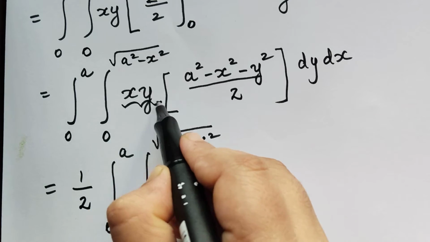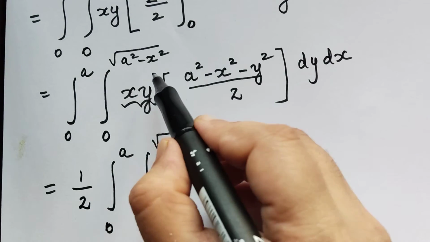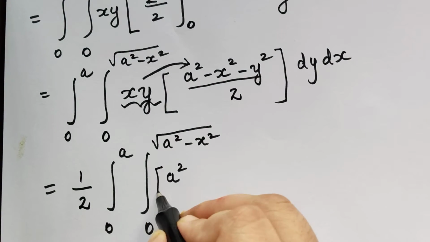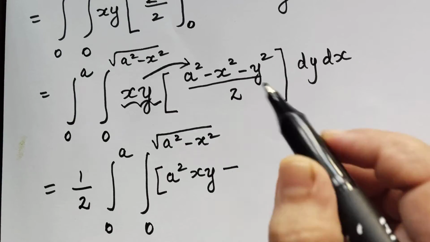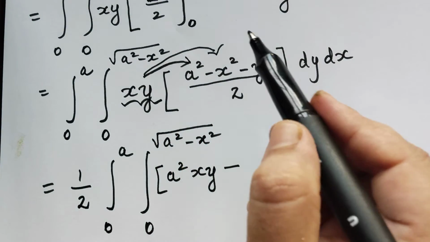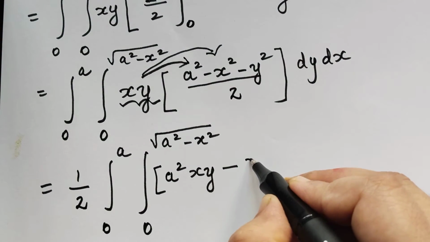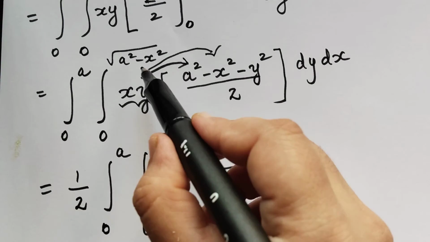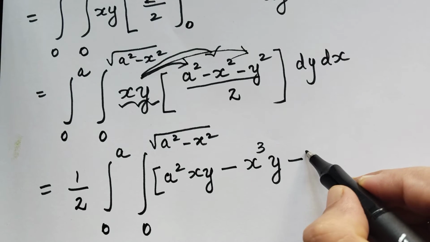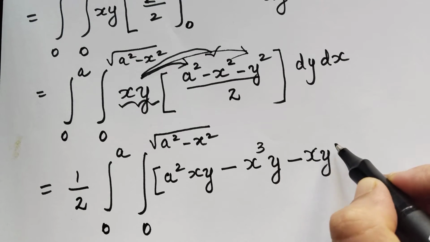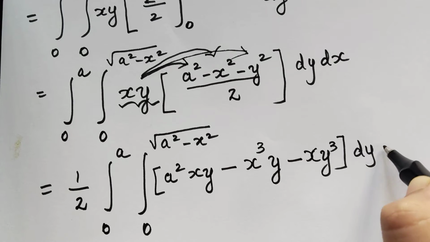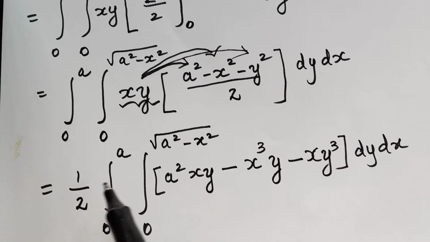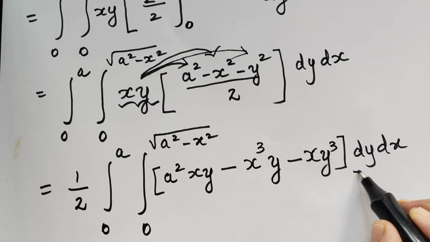Now this xy we shall multiply with each of the terms inside the bracket. First with a square, we get a square xy minus, next with x square, we get x cube y, minus, next with y square, we get x y cube, and then dy dx. The 1 by 2 we have already taken out of the integral. Now next we have to integrate with respect to y.